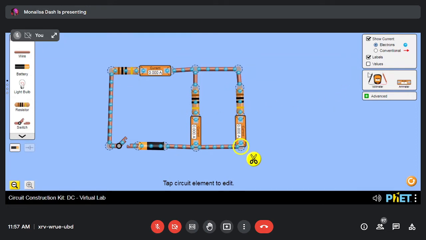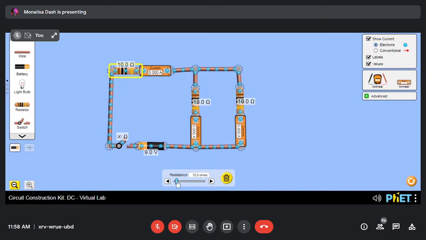Then next thing is your value. This is for electron flow. If I click here, this is for conventional flow. Then this is label, and this is for value. After clicking, we get the value. All the resistors are of the same value, 10 ohm each, arbitrarily. You can change it.